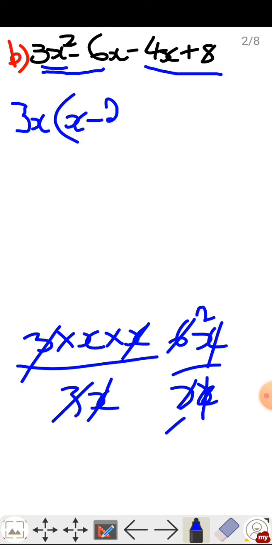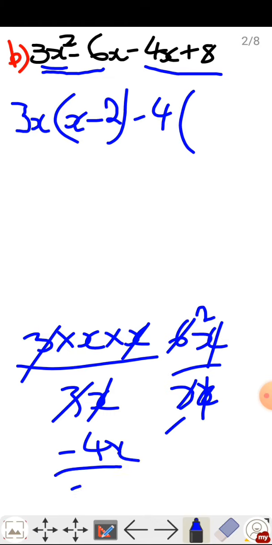Okay, minus what? 2. Then here common factor here is negative 4, because 4 can go into 4 and 8, so the sign there is what? Minus what? 4. That's the common factor. So now minus 4x over minus 4, so negative cancel, 4 cancel, you remain with what? X. Okay, x.